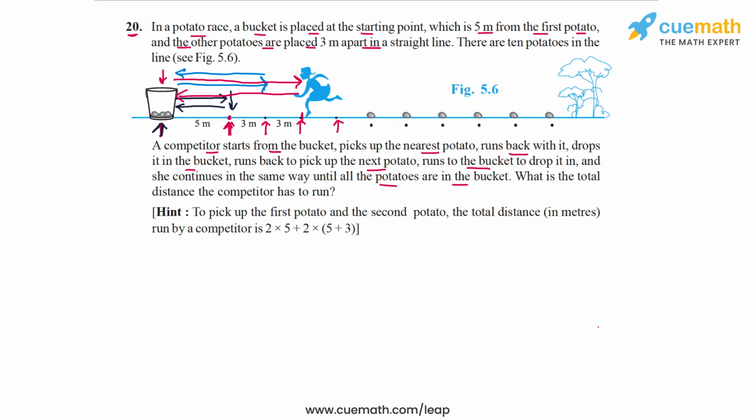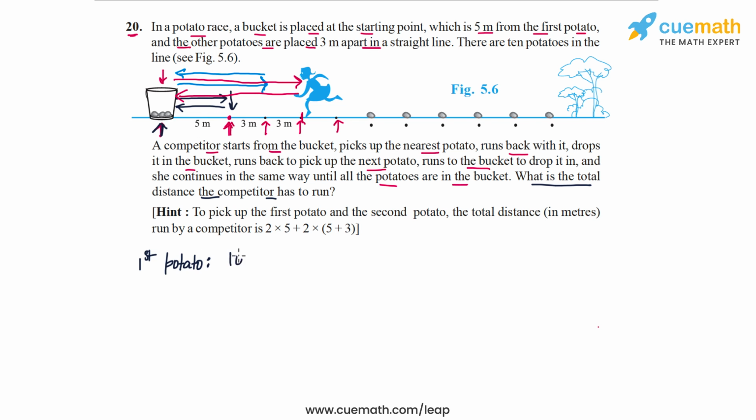So what we have to do is calculate the total distance the competitor has to run. So for each potato we will calculate the distance the competitor has to travel to pick it up and put it back into the bucket. So for the first potato, the competitor has to run 5 meters one way and 5 meters back.